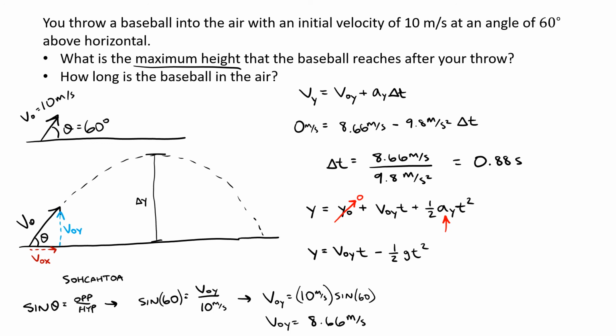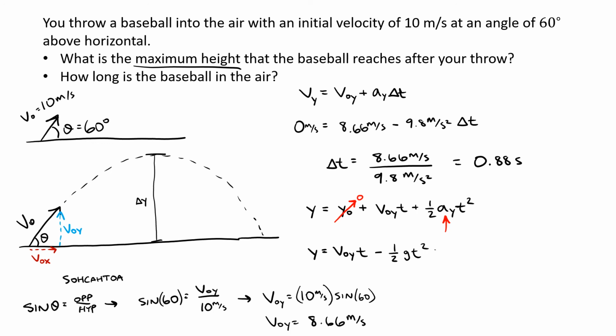Alright, now I'm going to take this equation where I know everything except for y, and I'm going to plug in the values. So y equals the initial velocity, 8.66. I should include the units, but I'm running out of space. Actually, no, I can just make more space right here.